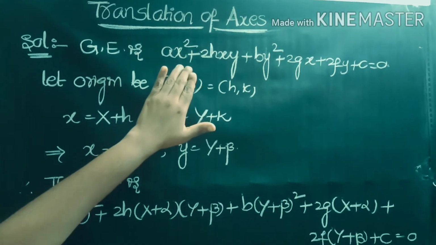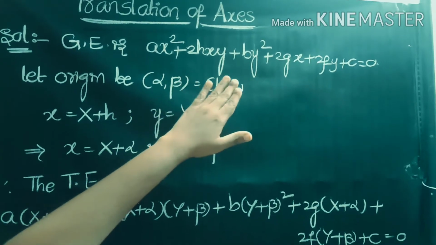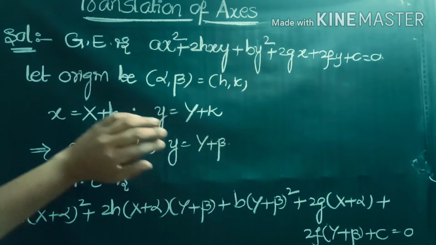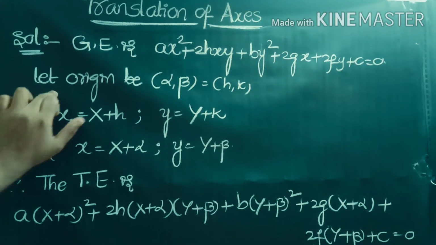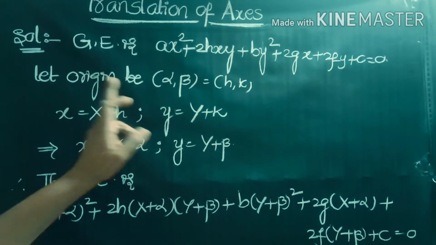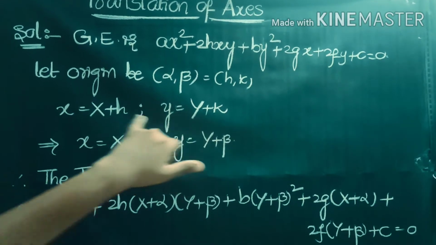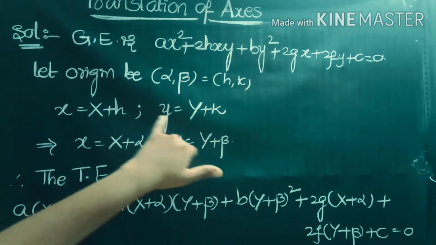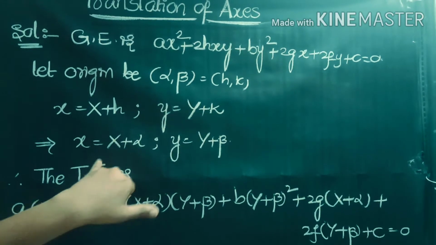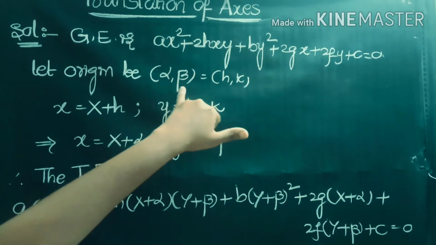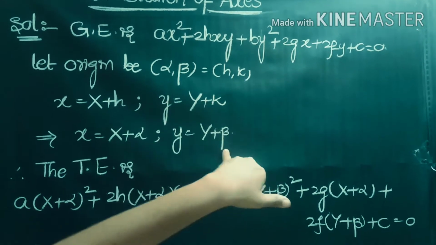We take the given equation ax square plus 2hxy plus by square plus 2gx plus 2fy plus c is equal to 0. Let the origin be alpha comma beta, which is the h comma k point. We take the formula small x is equal to capital X plus h and small y is equal to capital Y plus k, with h equal to alpha and k equal to beta.